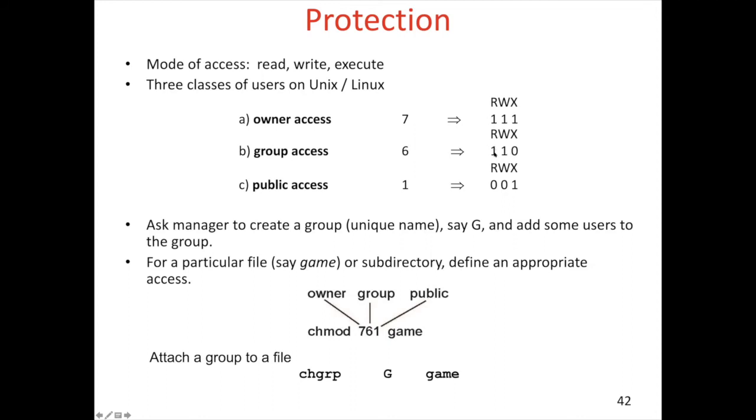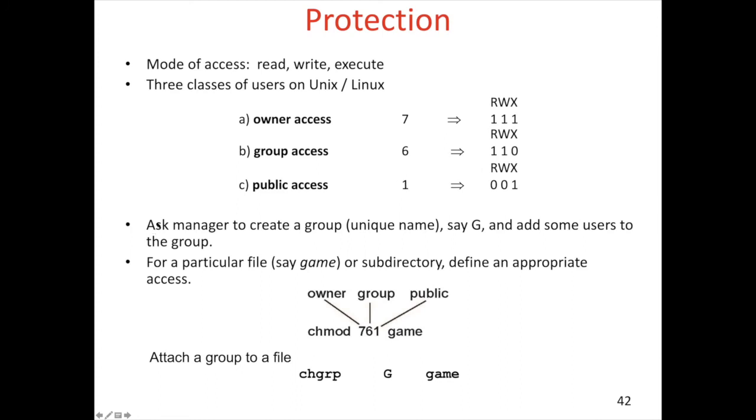So we will have 1, 1, 0, and the corresponding octal value is 6. And for public access, access for the others, if we want to give only execute permission, then we should have 0, 0, 1, which is octal 1.